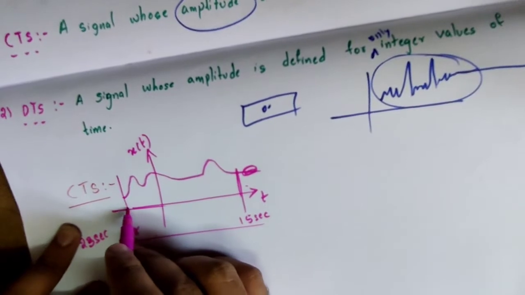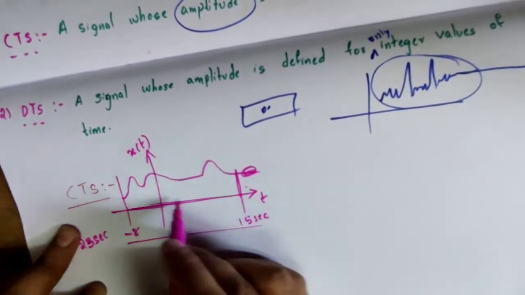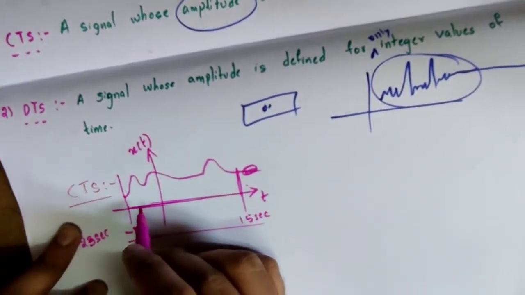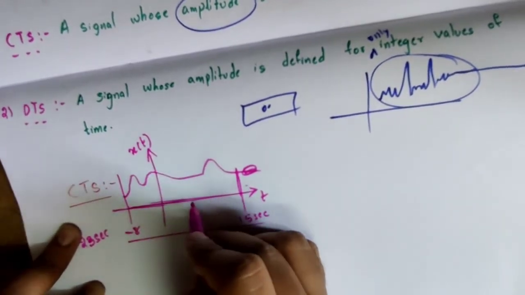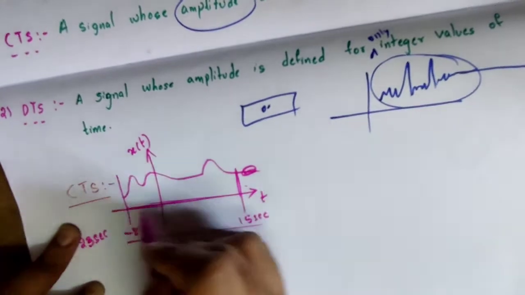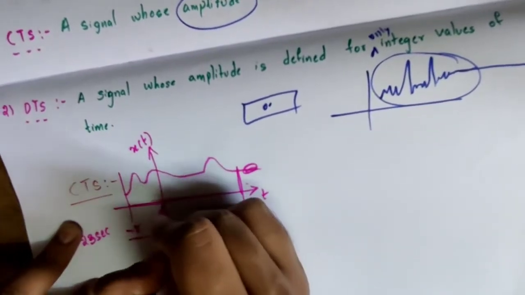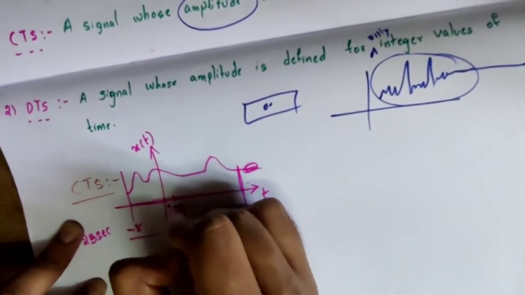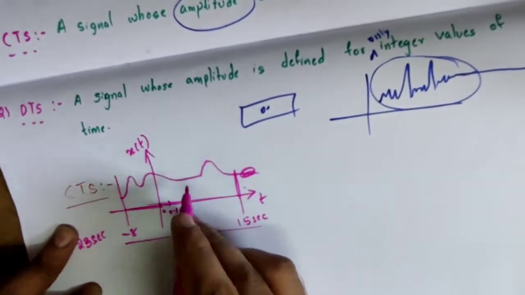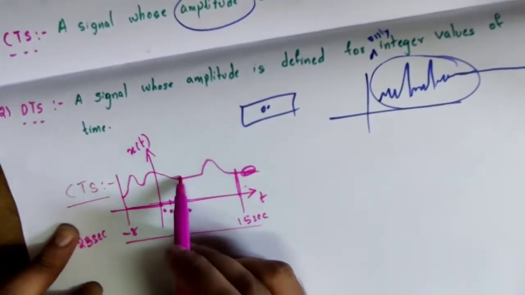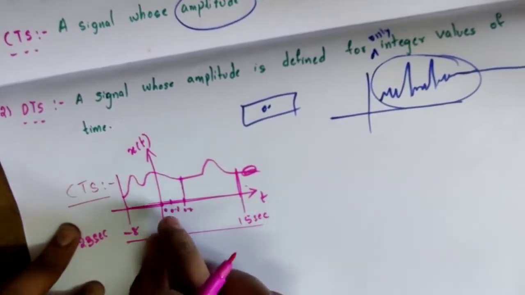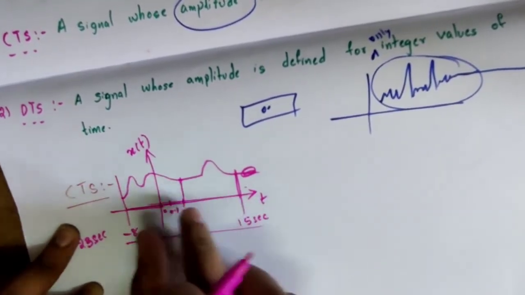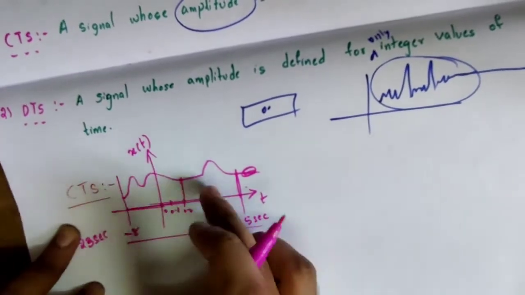In the interval where your signal exists, there is some amplitude of the signal at every instant of time between minus 8 and 15 seconds. If you consider 0, 0.1, 0.2, whatever you consider, there is a respective amplitude with respect to each and every instant of time in this interval. That is known as a continuous time signal.